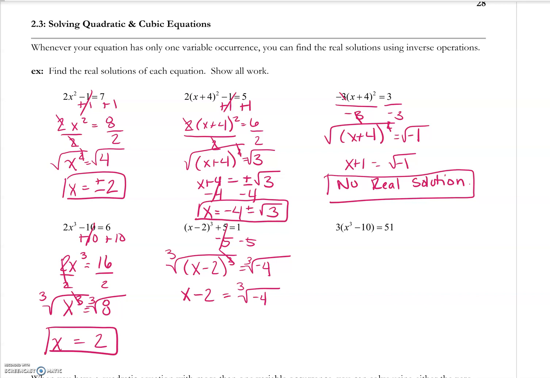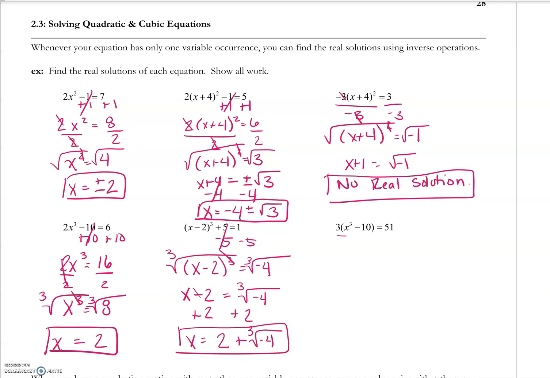However, we are allowed to take cube roots of negative numbers. I just don't really know what number times itself 3 times would give me negative 4. So I'm just going to leave this in the cube root notation. I'll add 2 and get x equals 2 plus the cube root of negative 4.